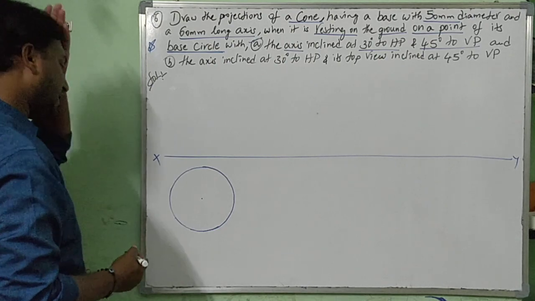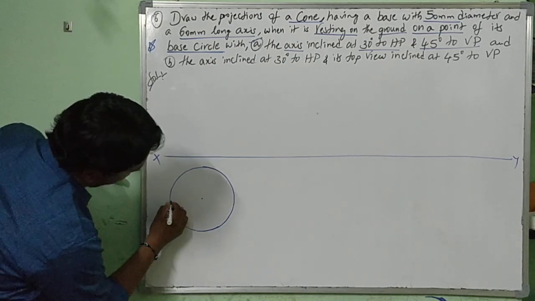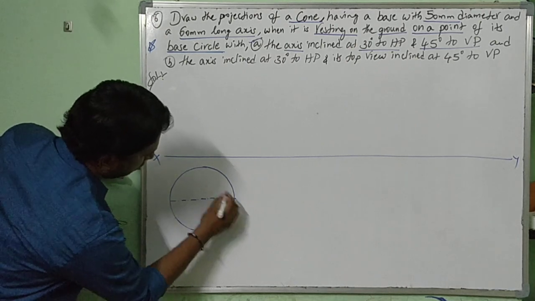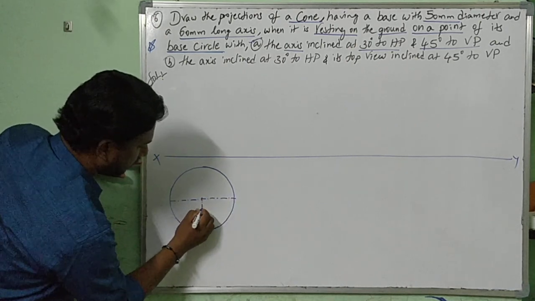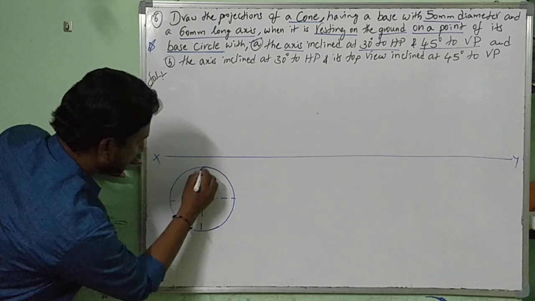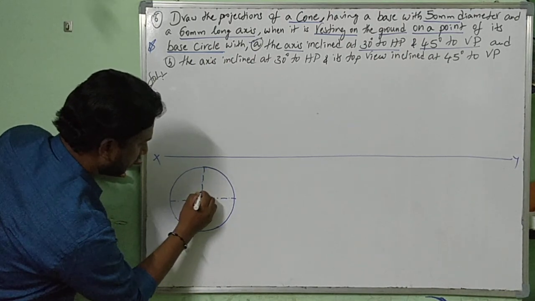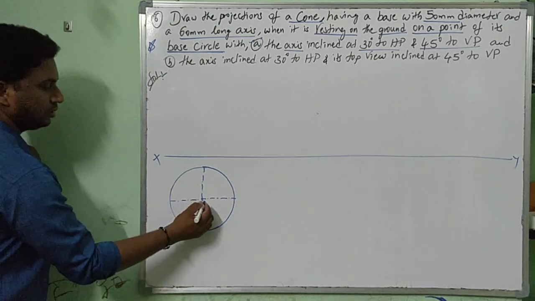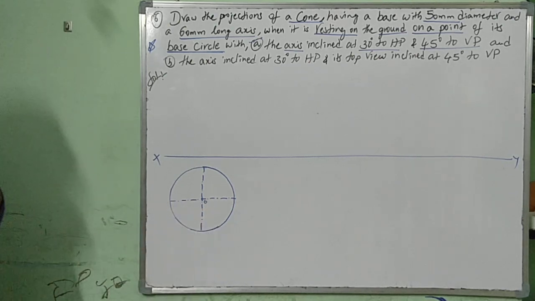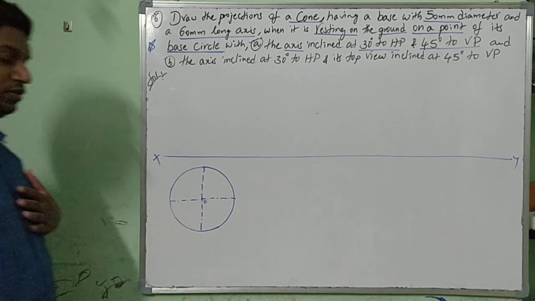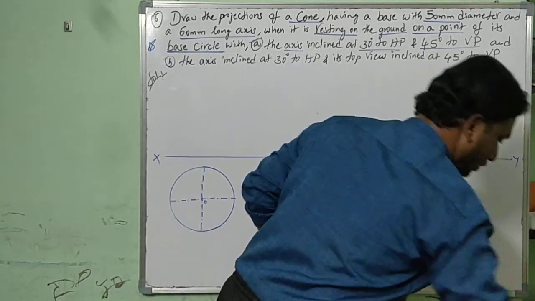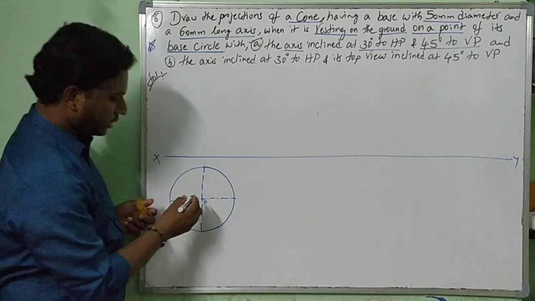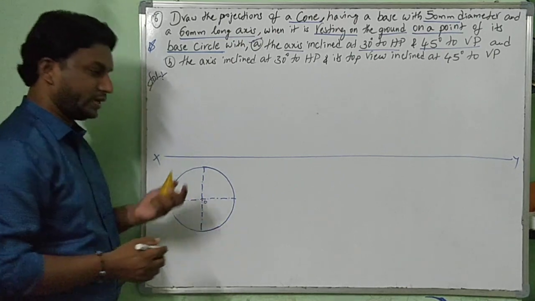You know, the circle center is to be shown with the help of this representation, dash dot. This is your O. Cone will have an apex point, but in the top view, you can show only a point showing that it has O.